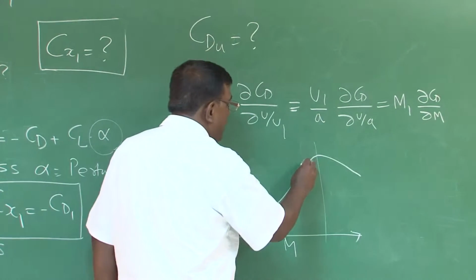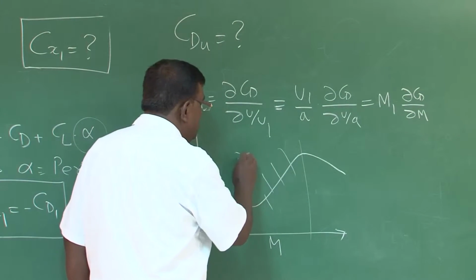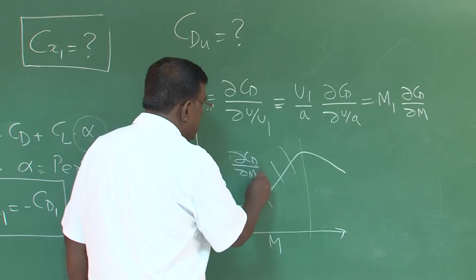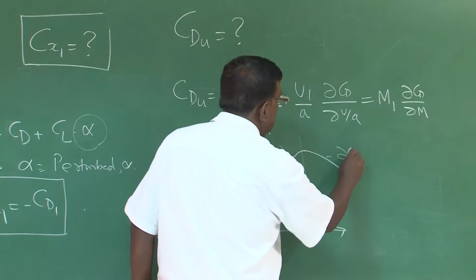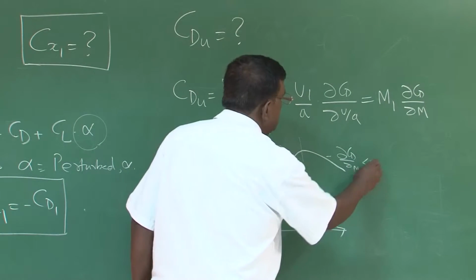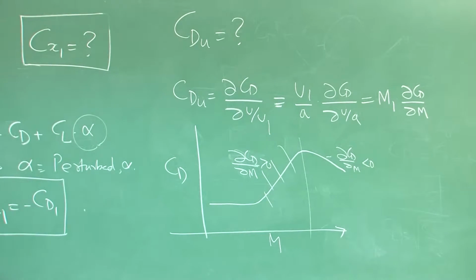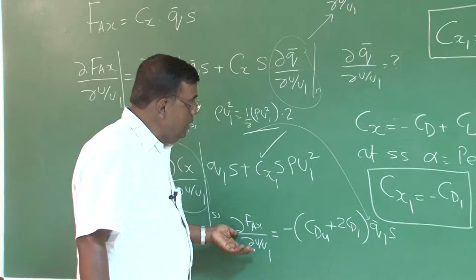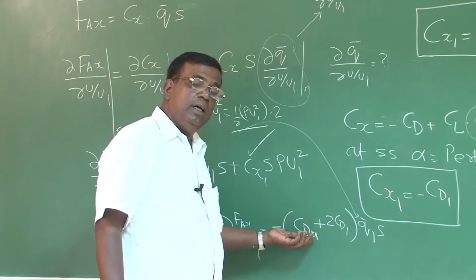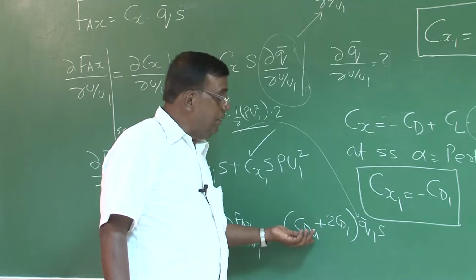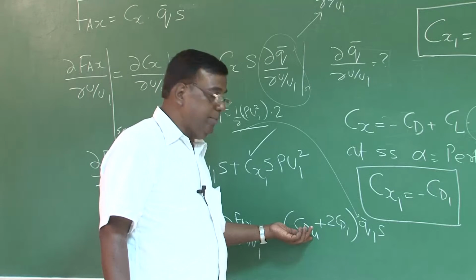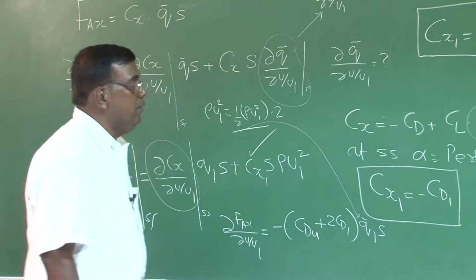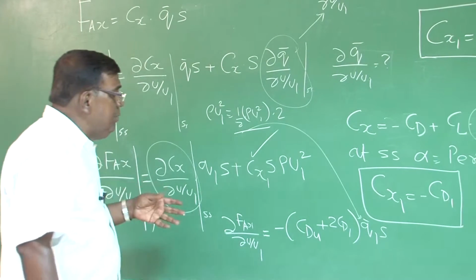Now you could see if you are in this region, dCd by dM is greater than 0, whereas here dCd by dM is less than 0. So depending upon your flight regime, this dFx by du1 will change depending upon the value of CDU. Sometimes it becomes positive if it is subsonic, it becomes negative if it is supersonic. So this plays an important role. You will see why I am stressing this.